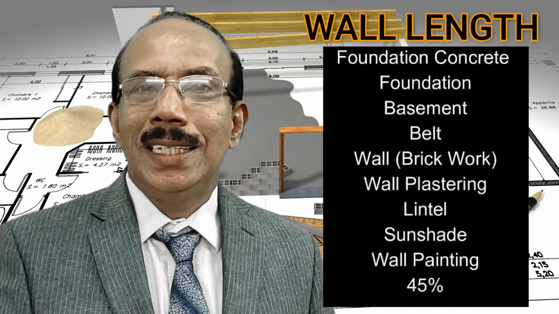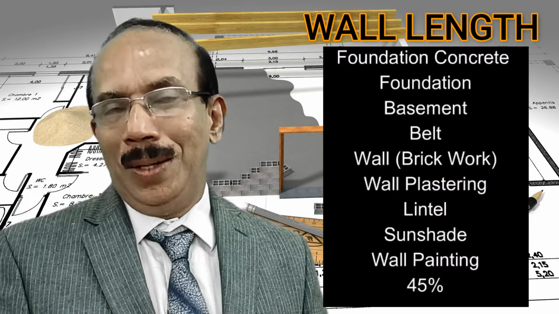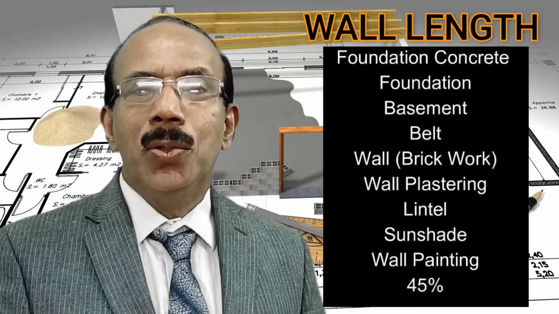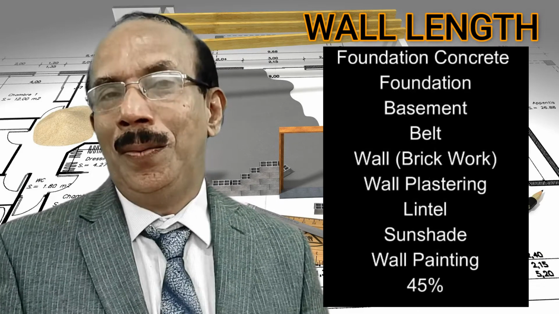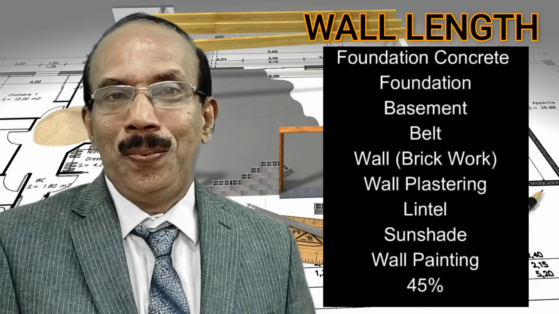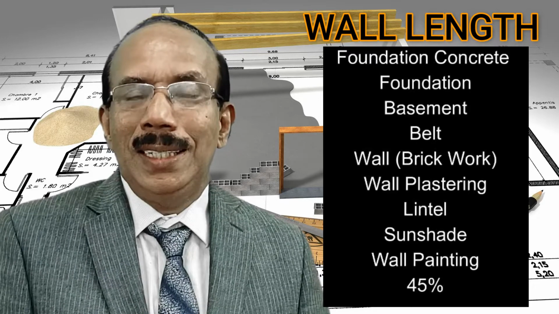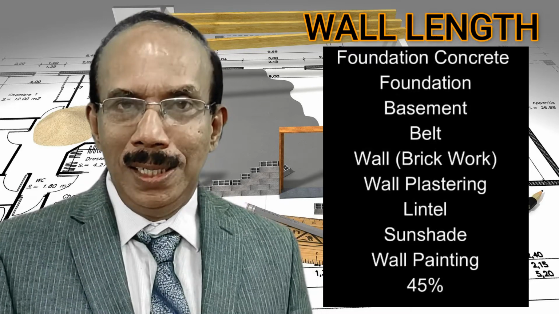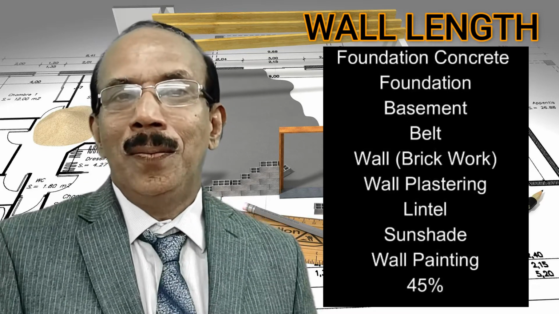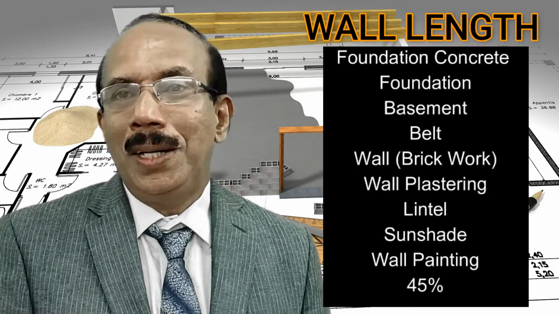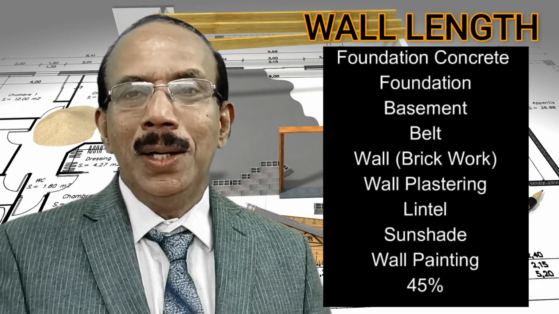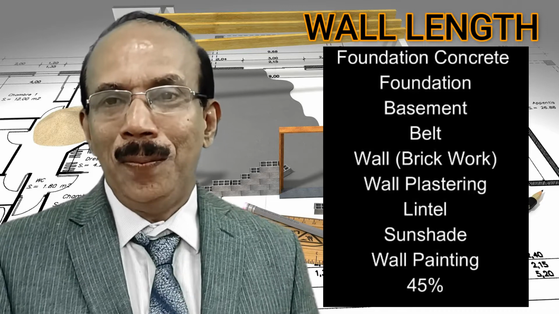And next, let us see the wall length portion. I already said wall length is constituting 9 parts out of 20 cost factors. We already said the foundation concreting, the foundation, basement and the belt, that is in the foundation part, and part B, then the brickwork, the lintel, the sunshade.